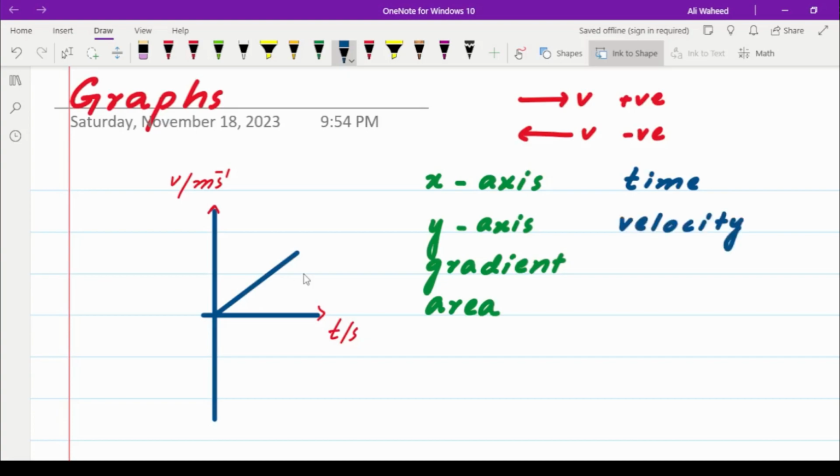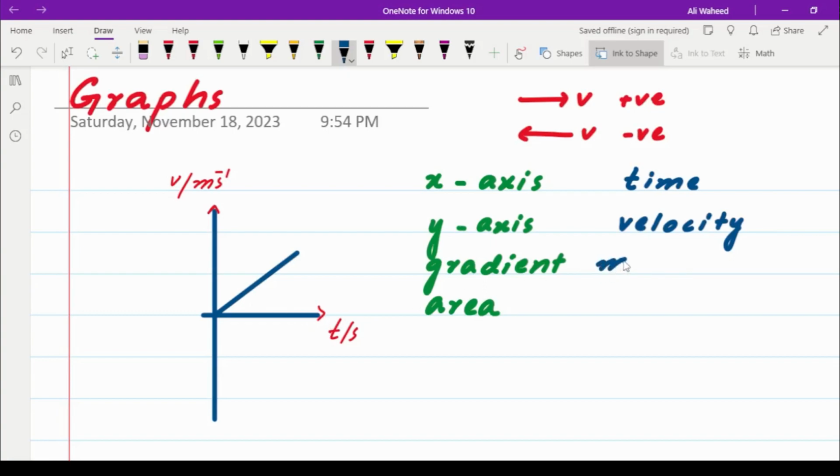Gradient, let's talk about the gradient. The gradient, you don't have to memorize it first of all. Like I've seen students, they try to memorize what the gradient of a specific graph would represent. If you're able to calculate it, then you can memorize. Well, let's try to find the gradient.